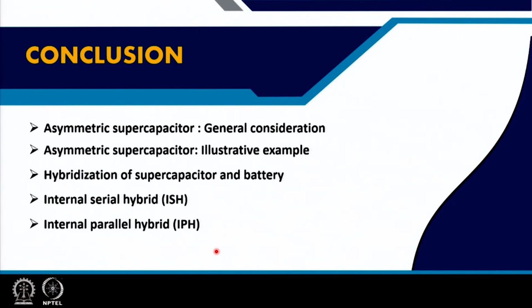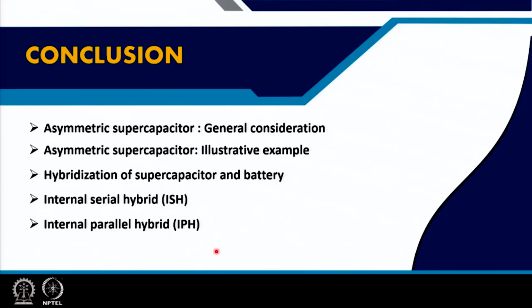Then we talked about the internal serial hybrid, where you have two different types of electrode, one battery type and another EDLC type, and then the internal parallel hybrid, where in the same electrode you are using both supercapacitor and battery type. So, thank you for your interest.